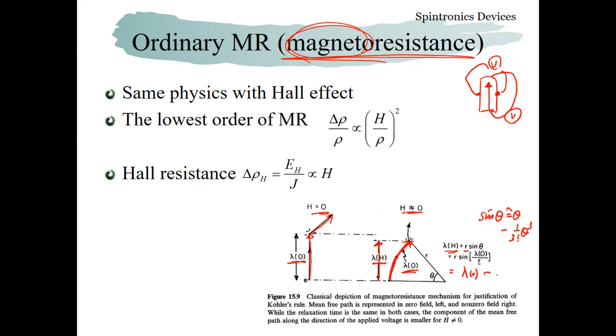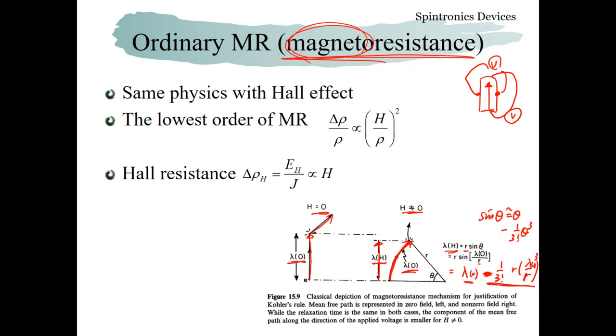So we have this relation. This amount is the decrease of the mean free path, and the conductivity of a metal is proportional to the mean free path. So we have a decrease of the conductivity.